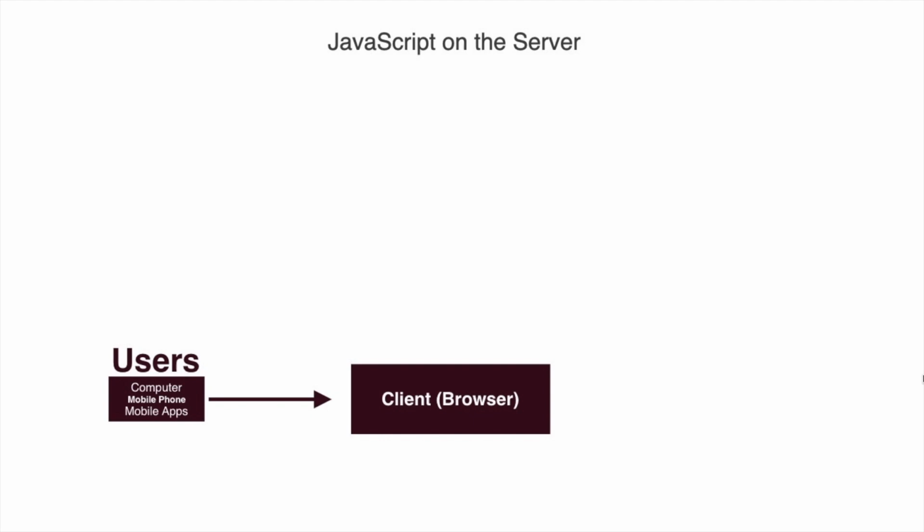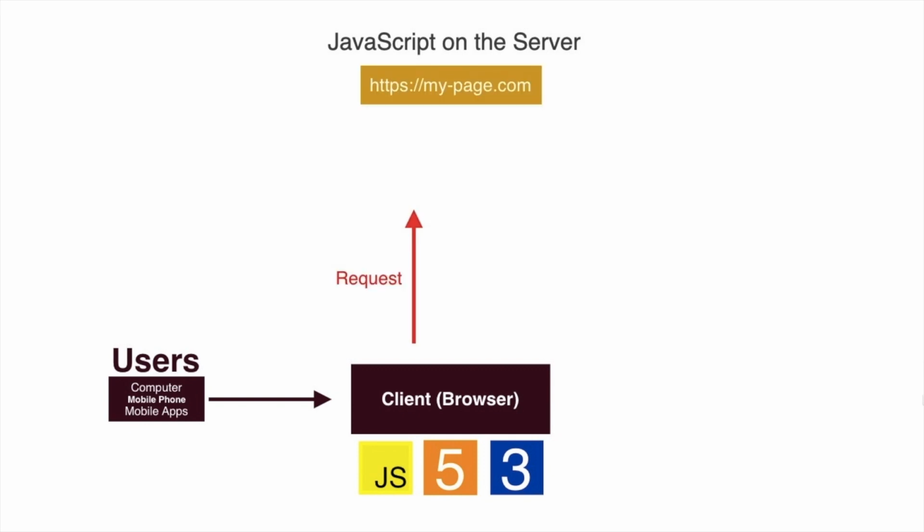We get our users using the browser, and there we can use HTML, CSS, and JavaScript in the browsers to create web pages. Now they visit a page, mypage.com, and they send a request to do so, for example by entering a URL in the browser. A request is sent to that URL. The server comes into play.